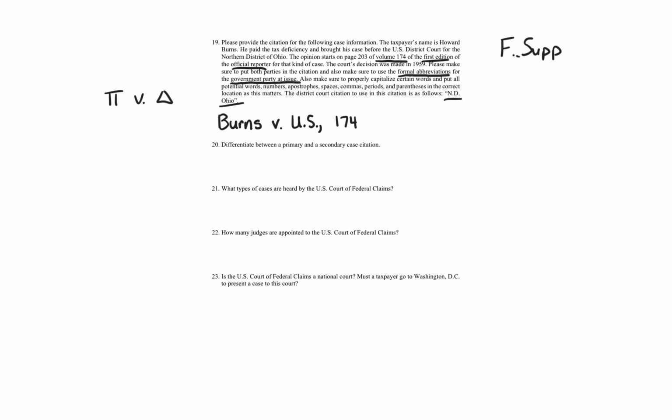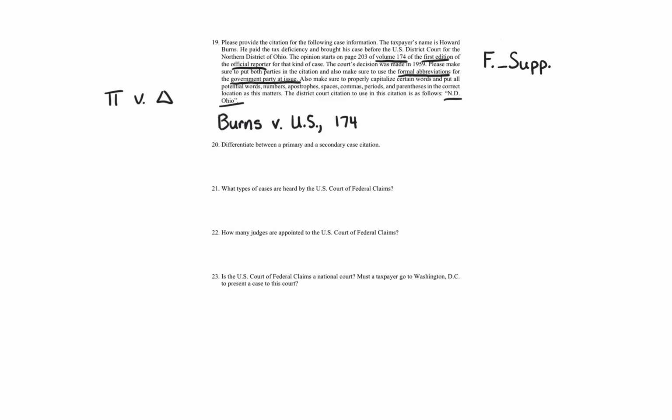Let me rewrite that so you have it down. The modern era is what I'm going to be testing on for those of you in my class. So it's F period, space, S-U-P-P, not like 'what's up' but 'supp' for supplement, period.